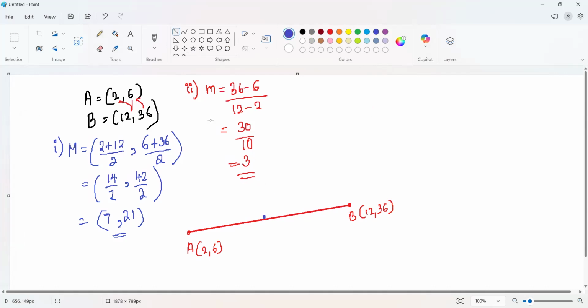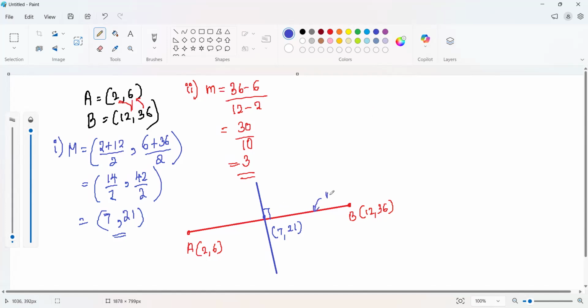The bisector should go through the middle, like here, perpendicular to the line. So the midpoint 7, 21 is known. I know the gradient of this line, m is 3. What is the gradient of the perpendicular line, m dash? It should be 1 over 3, and since this one is positive, this one becomes negative: negative 1 over 3.